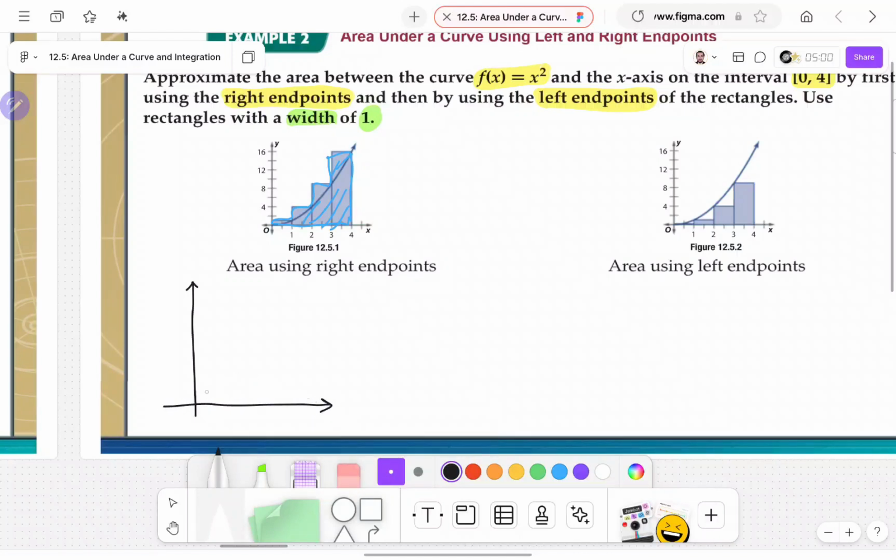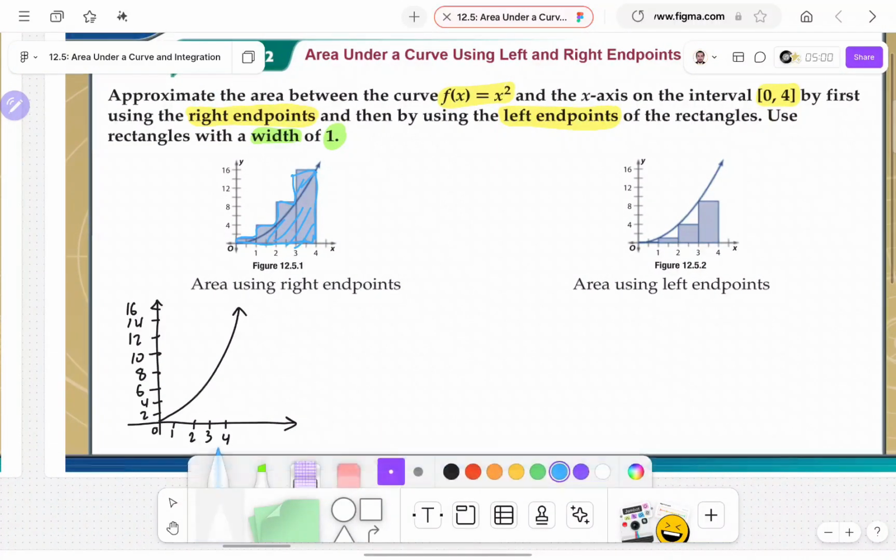We draw the line, so we have 0, 1, 2, 3, and 4. Then on the y-axis we have 2, 4, 6, 8, 10, 12, 14, and 16. The question will be given similar to this.